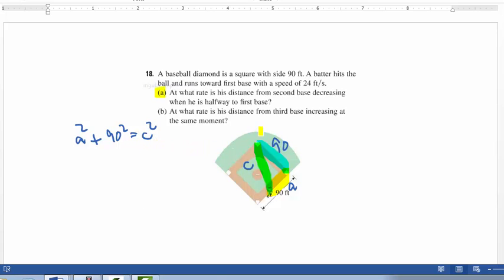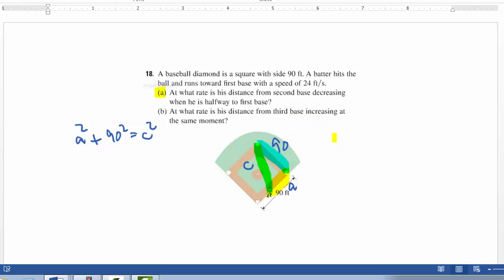So what else do we know here? We know that he's running towards first base with a speed of 24 feet per second. So what ends up happening here is A, the distance from him to first base, is actually getting smaller, right? It's decreasing 24 feet per second.